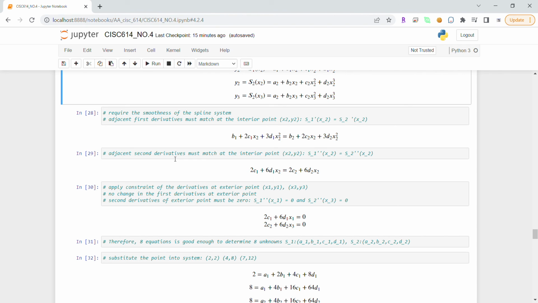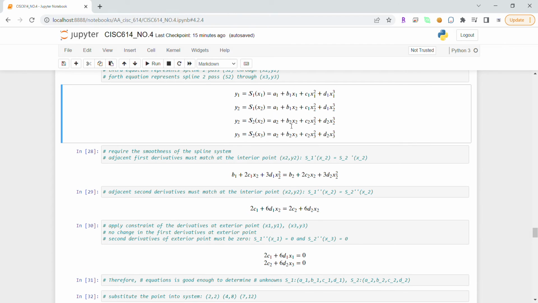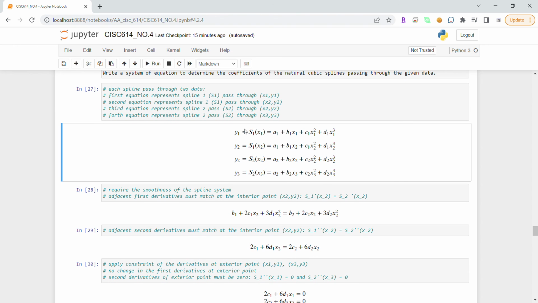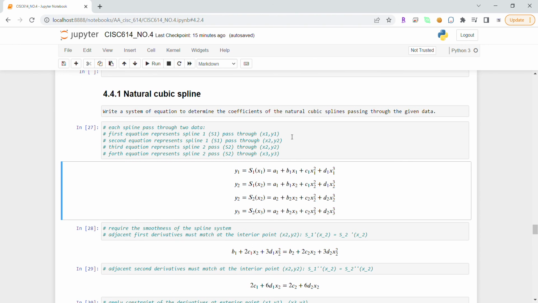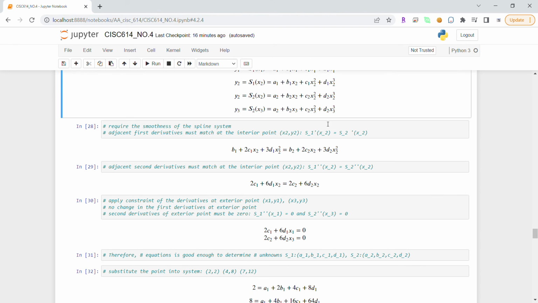So we take the second derivative of model 1 and model 2 at the first point and the third point, and we have this equation. So now we have 8 equations, which is good enough to determine the 8 unknowns in the spline model, which are A1, B1, C1, D1, and A2, B2, C2, and D2.